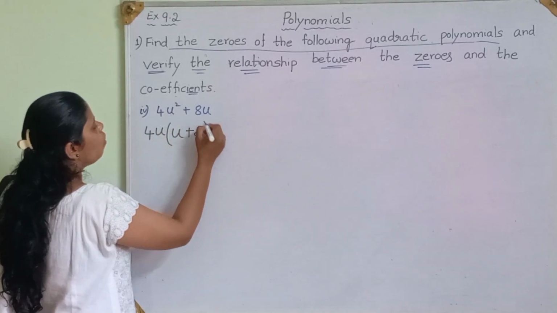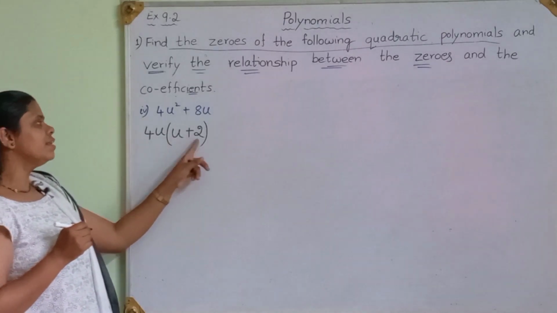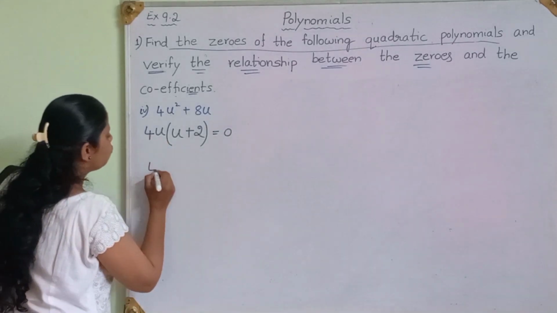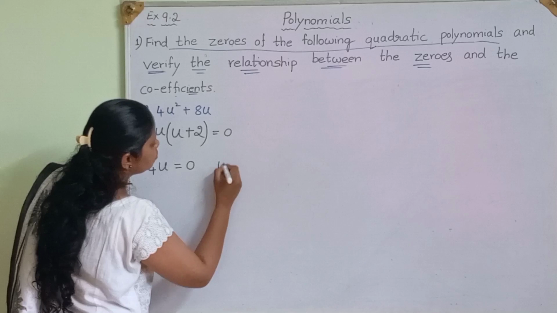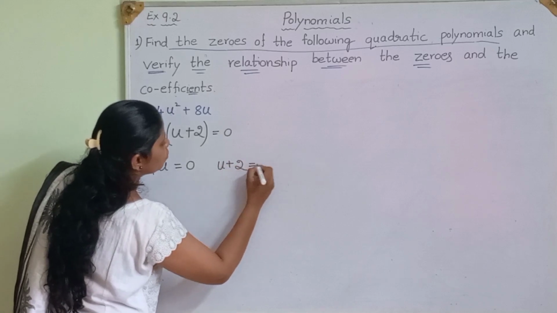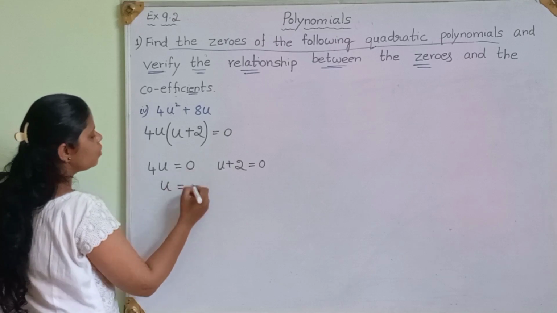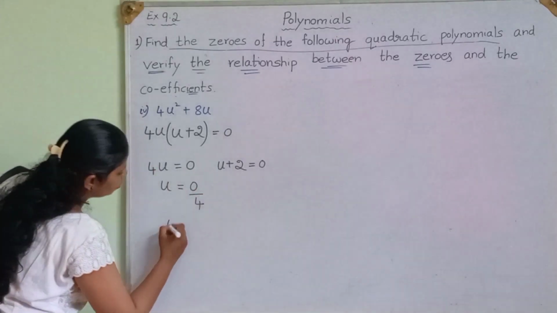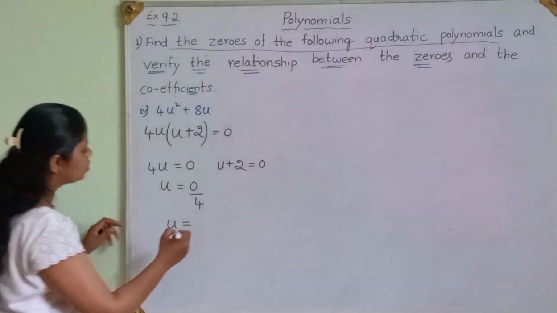Now let us equate these factors to 0. That is 4u is equal to 0, u plus 2 is equal to 0. u is equal to 0 by 4. That is what? 0 by anything is what? 0.